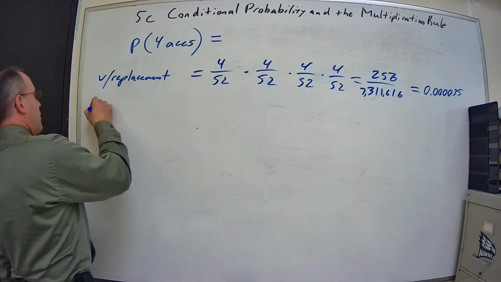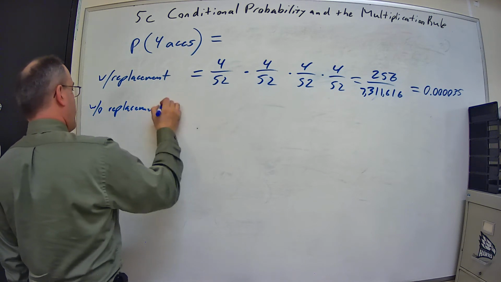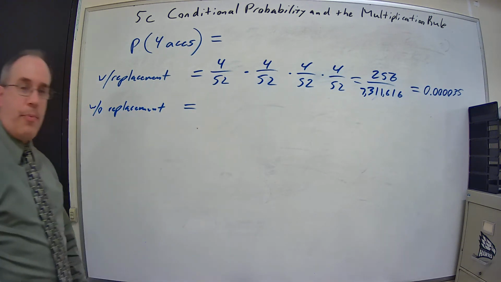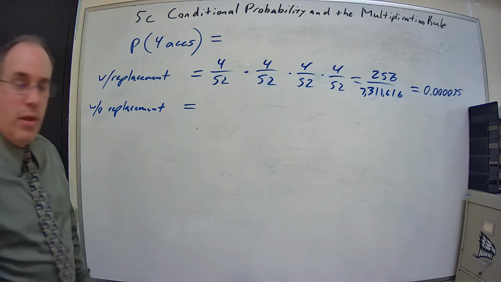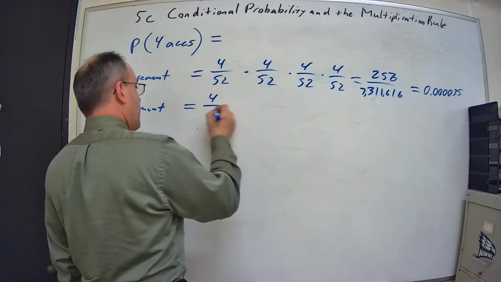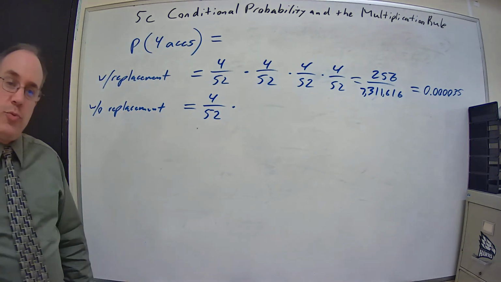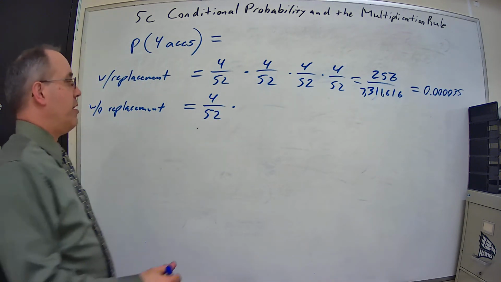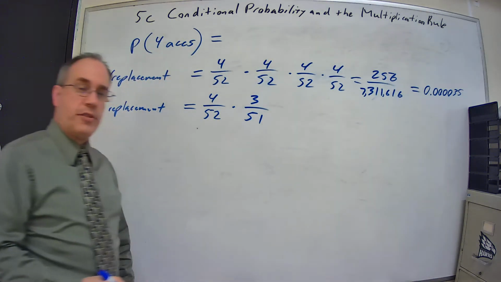Now let's do it without replacement and see what happens. Well, the first one, as I showed before, there are 4 aces out of 52 cards. But now because we're not replacing that card, there are only 3 left out of 51 cards.